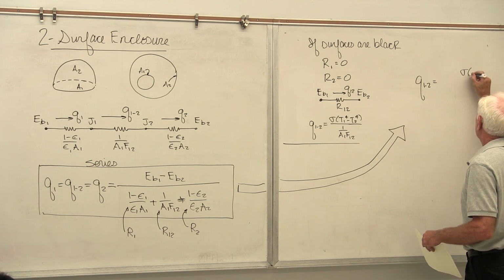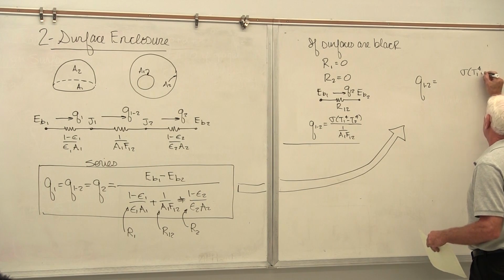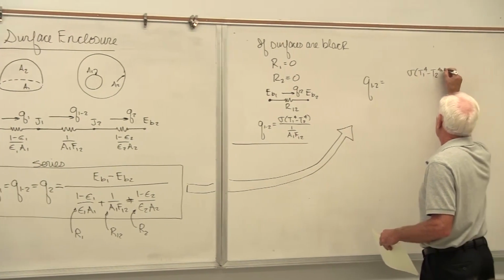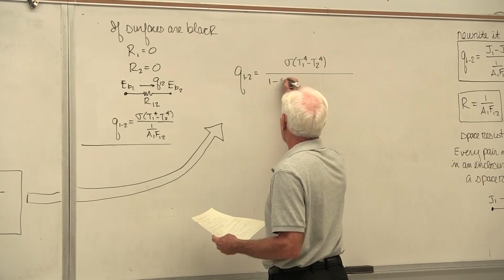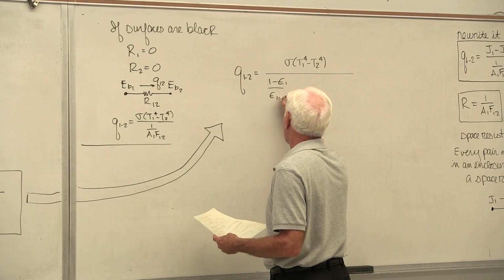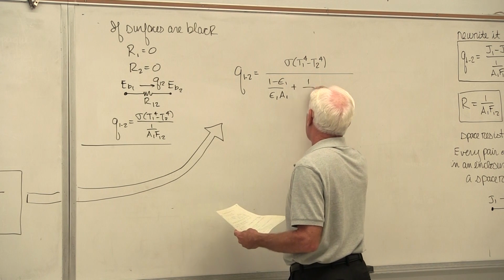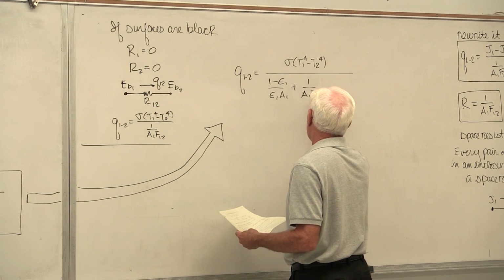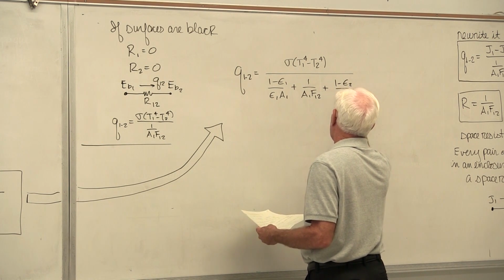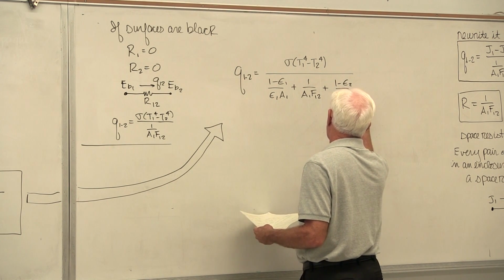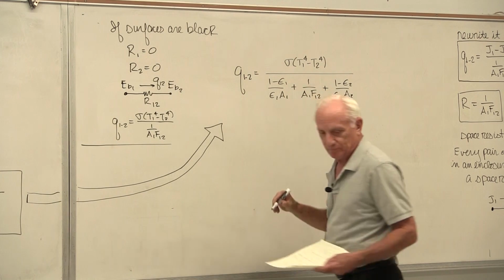Sigma (T1 to the fourth minus T2 to the fourth) divided by the resistances.